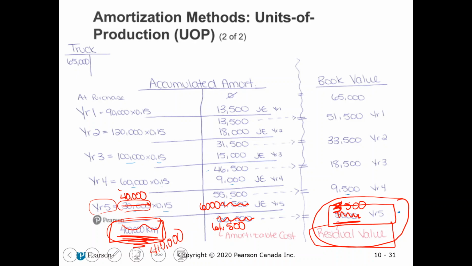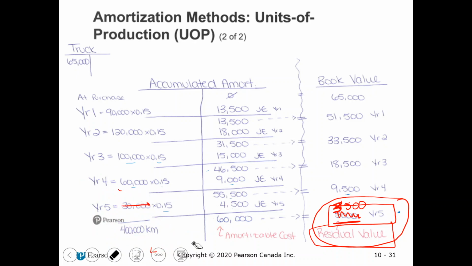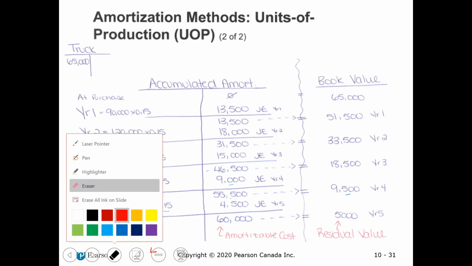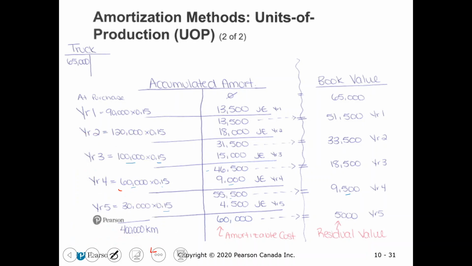So even in this question, if it told you 40,000, you would actually only be able to record the amortization equal to the 4,500. So something to be aware of when you get to other questions, that you can only record amortization up to those units of production and to the point where your book value equals your residual. So be careful on that when you get to future questions.